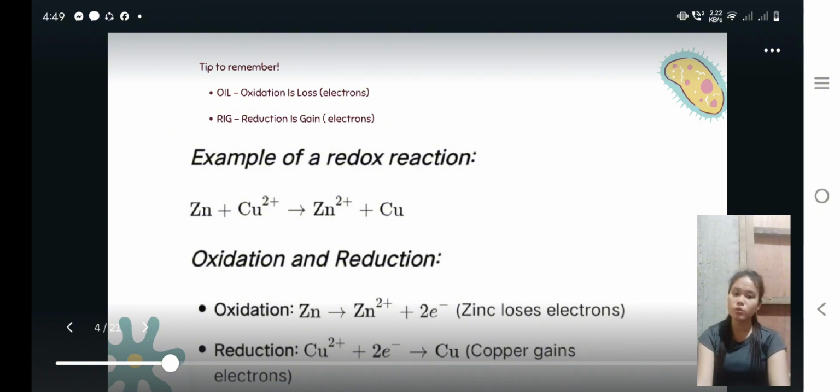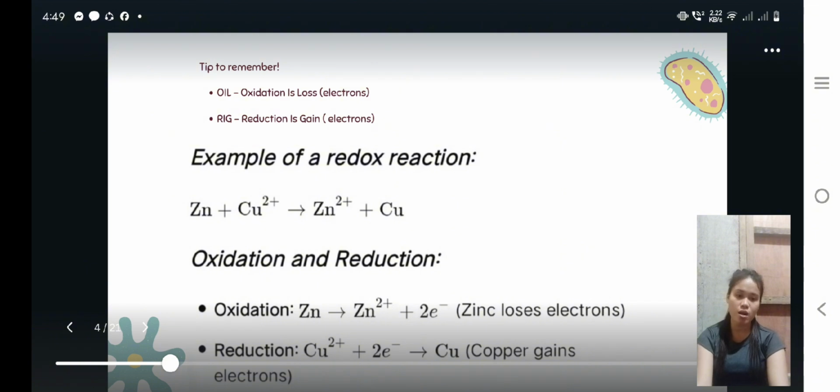So when zinc loses 2 electrons, it becomes 24 because 26 minus 2 is 24. The electrons of zinc become 24 and the protons are the same, 26.